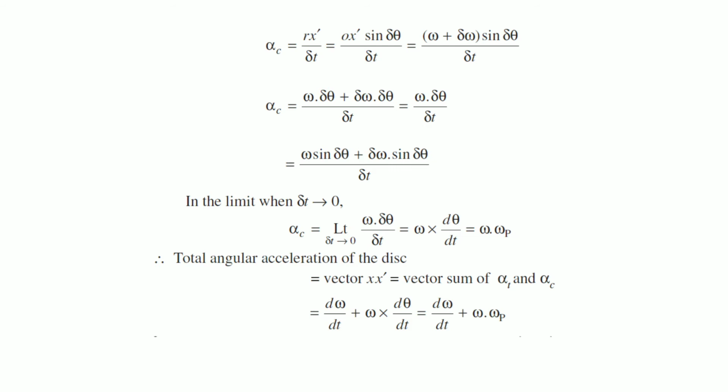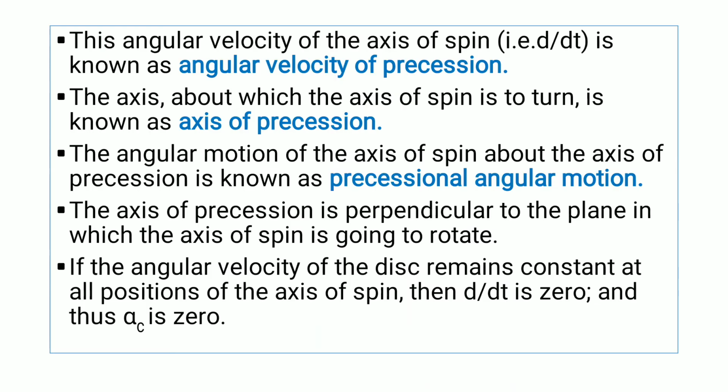So d omega by dt is 0. So we can say that only the acceleration becomes omega into omega p. So angular acceleration is equal to omega into omega p.